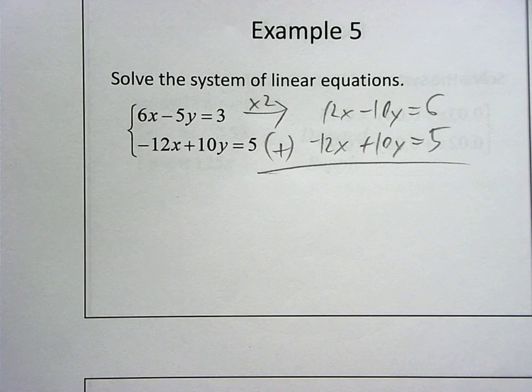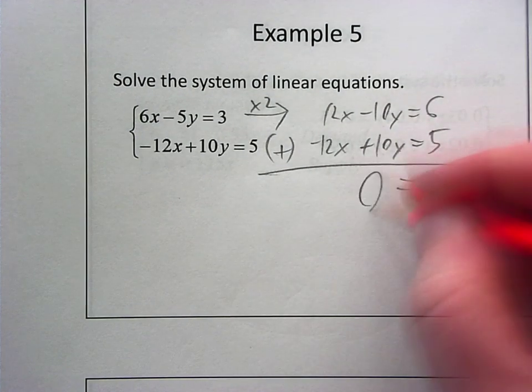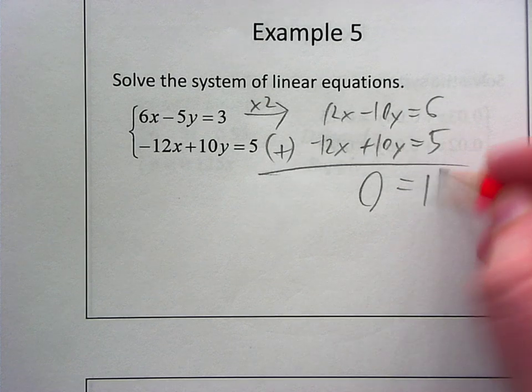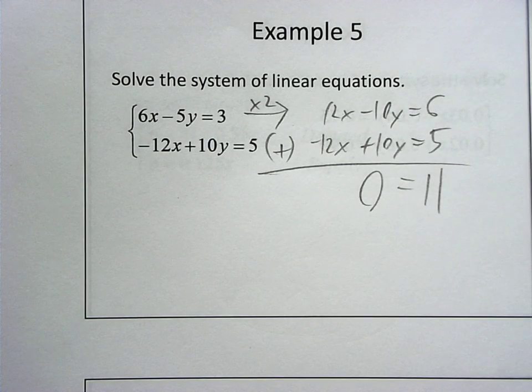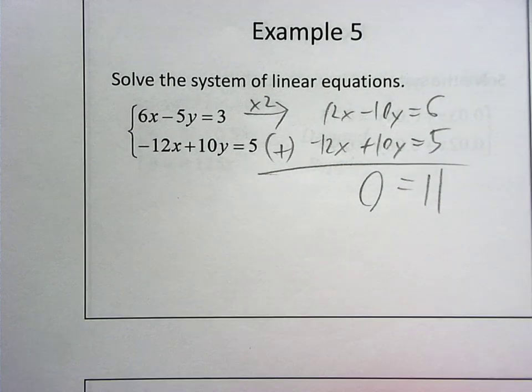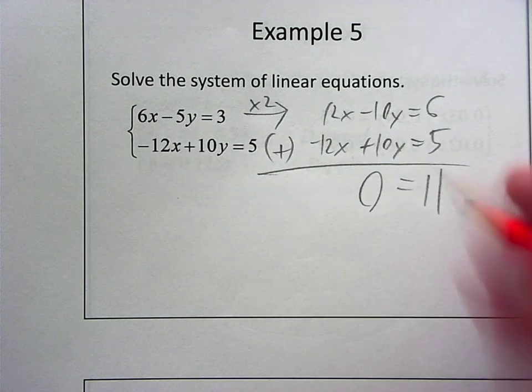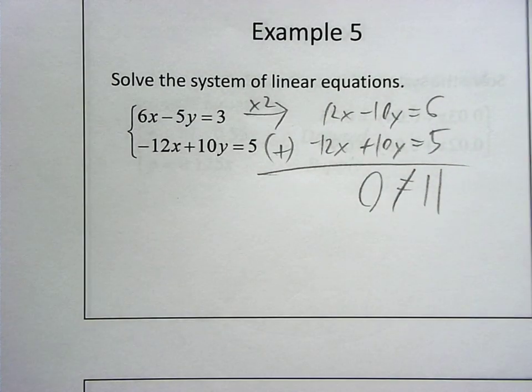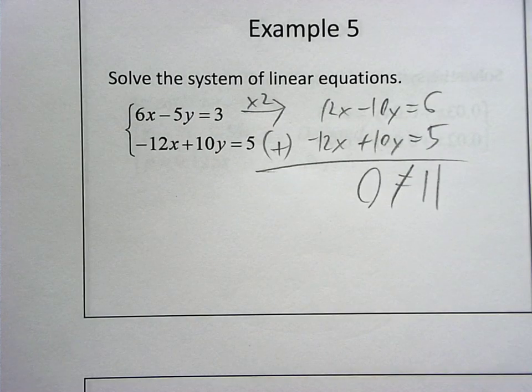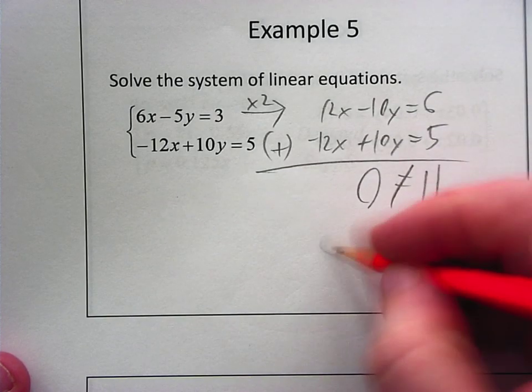So you do need to add because they're the opposite signs. What do you end up getting on the left side of the equal sign? 0. What do you get on the right? 11. So by eliminating all the variables, that alone gets you down to either parallel or no solution. By having a false statement, it means no solution. If you had 0 equals 0, then it would be infinitely many, sorry. So this one is no solution.